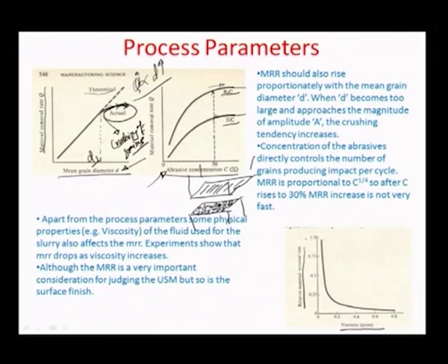You already know that at the very beginning I had mentioned that the MRR in a USM is really dependent on what the constitution of the slurry would be, made up of abrasive particles and a fluid medium.